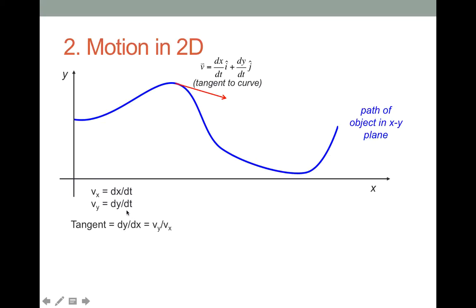But that will simply equal the ratio of the y component to the x component of the velocity, because if we take dy/dt and divide it by dx/dt, the dt's essentially cancel out, and we end up with dy/dx, which is the tangent to the curve. Now, vy over vx will also give us the direction of the velocity vector, which now must be tangent to the curve.